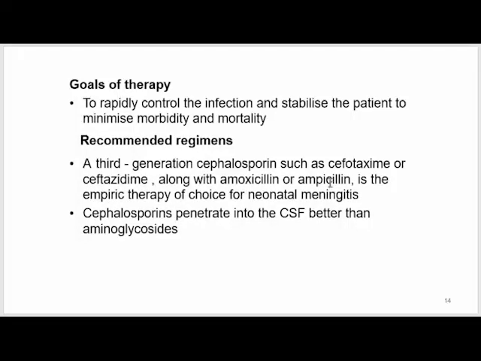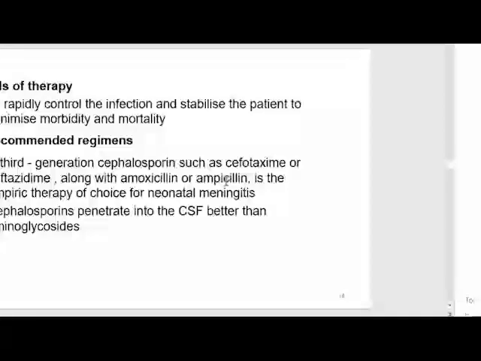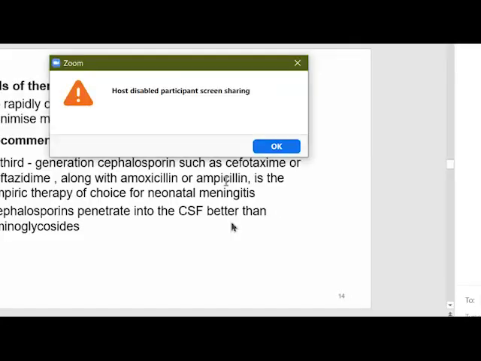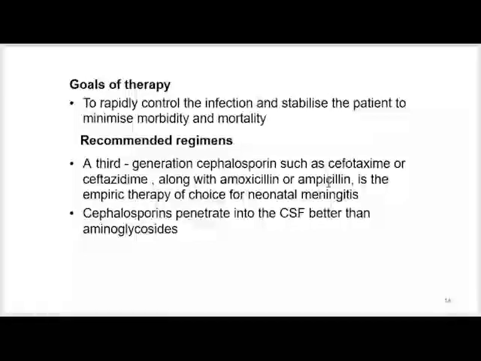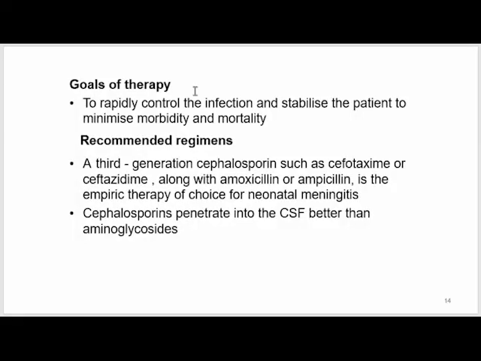Those in pediatrics, if ampicillin is prescribed or added to a third generation cephalosporin, what do you think is being covered in terms of spectrum of activity? Anyone?